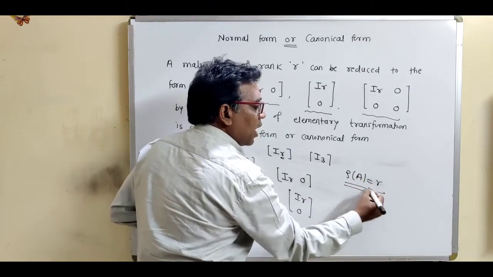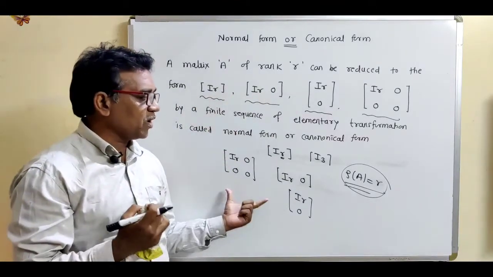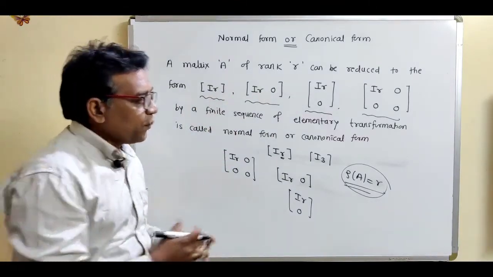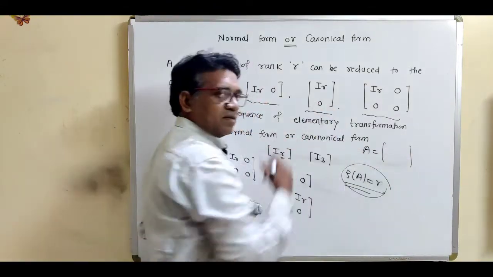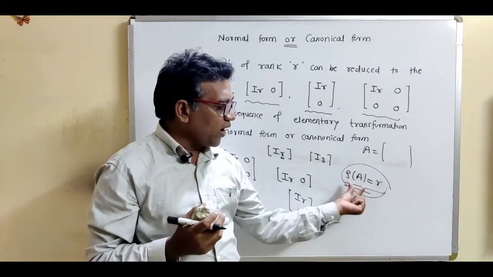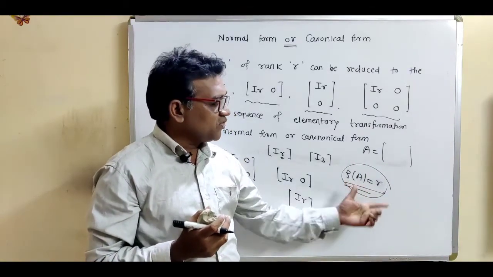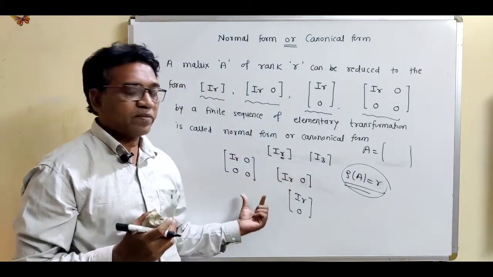So see, how do we find the rank of the matrix by using the normal form or canonical form? Suppose we are given any type of matrix, suppose this is the given matrix. How do we find its rank? Just reduce this matrix to these 4 forms.